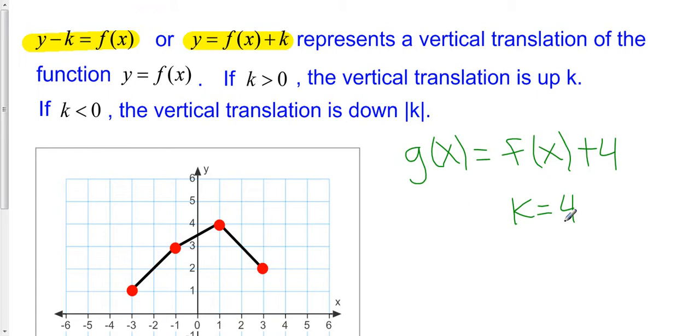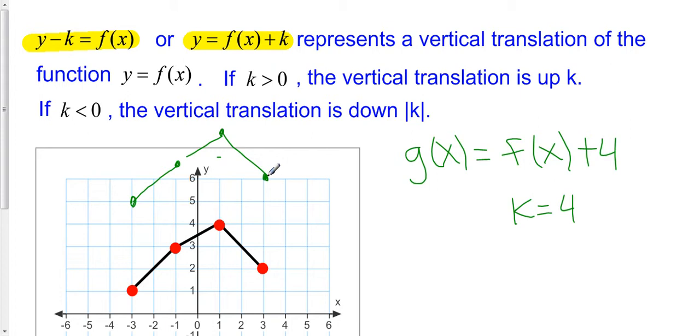And I could take this graph and I can move it up 4. I can say 1, 2, 3, 4. Looks like this point's going to be about here. 2, 3, 4. That'll be about there. And I've translated that function up 4.